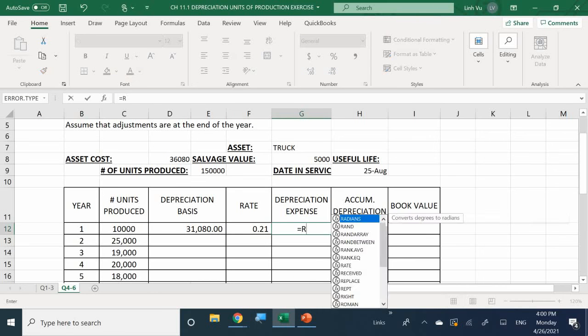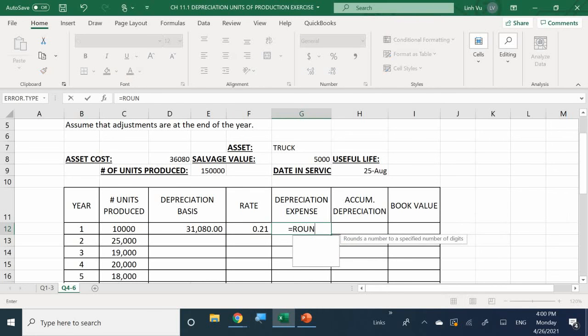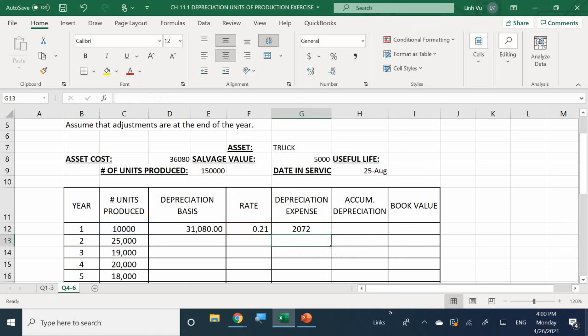So once again, it's going to do equal round because I know for a fact that my per unit rate isn't just 21. It's 21 yada yada yada. So here, I'm going to take my total that I drove, which is the 10,000 miles, and multiply it by my 21 cents to give me 2,072. So that is correct.